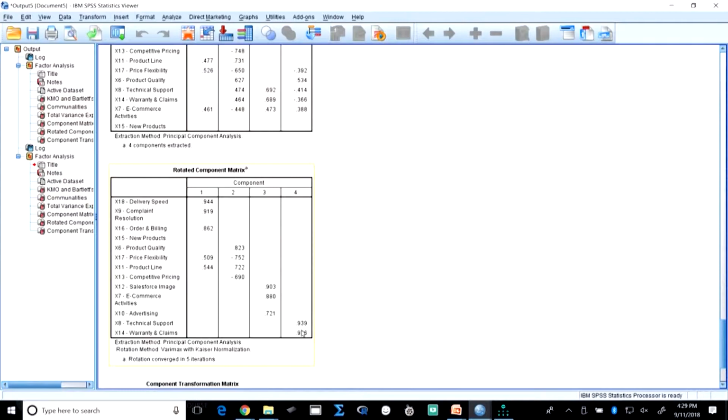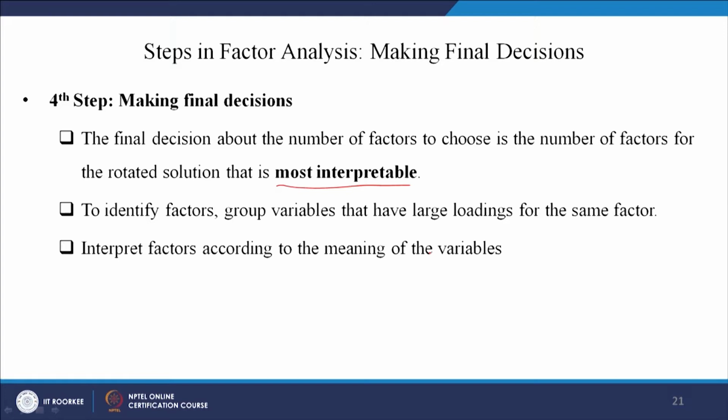And for example, technical support and warranty and claims are more into the service part. Now you have to suggest a name for the factor, that is your job. Interpret the factors according to the meaning of the variables. As you saw the variables, you have now understood that there is some relationship among these variables, and on the basis of this relationship you have to give a name to this factor.